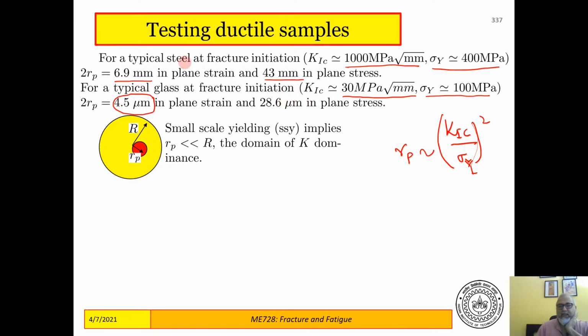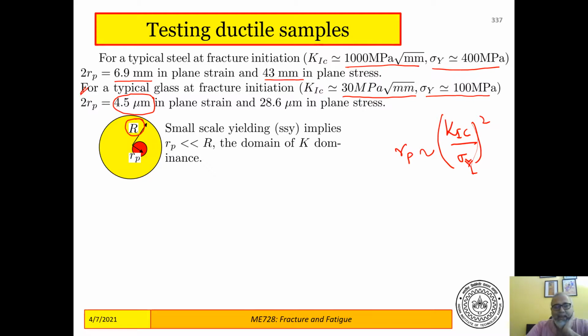So in the case of a glass, which is a brittle material, it's more likely that your R, which is the range of dominance of your K1C, of your Williams solution, will be much larger than the size of your plastic zone.